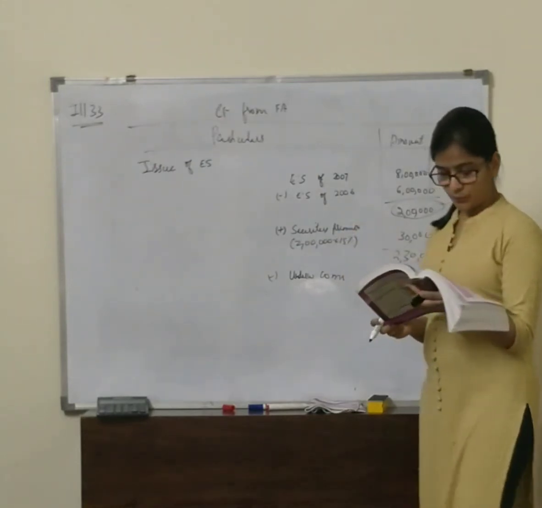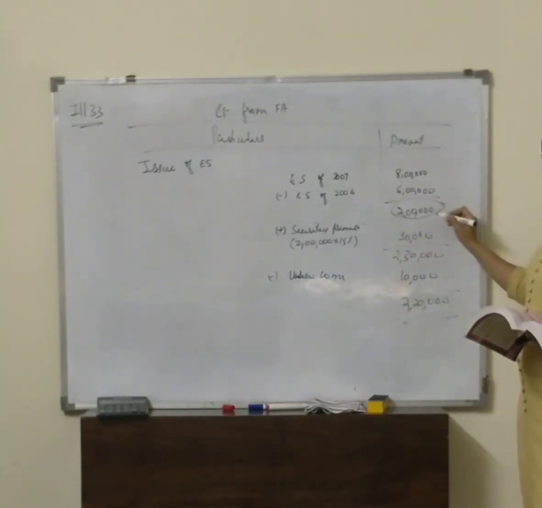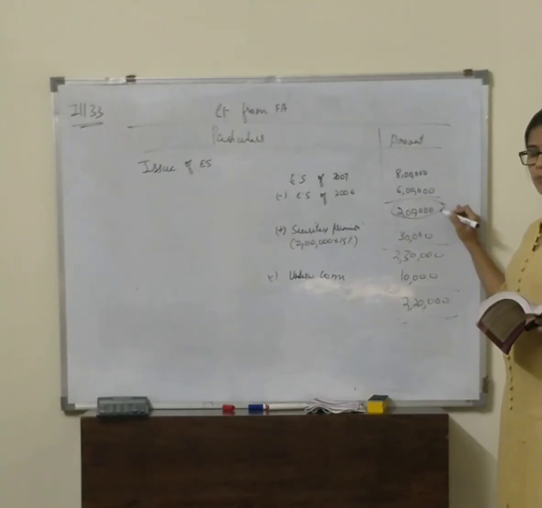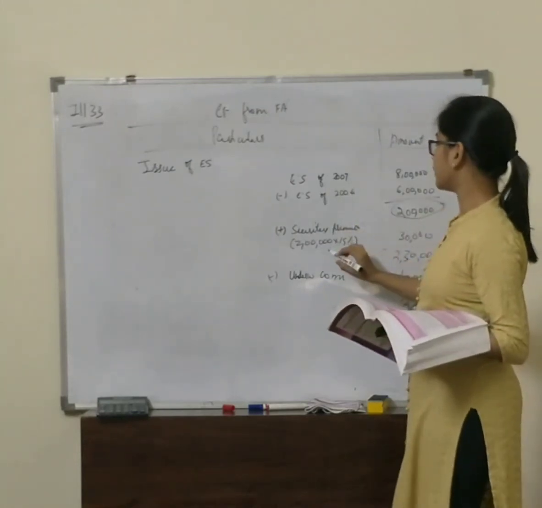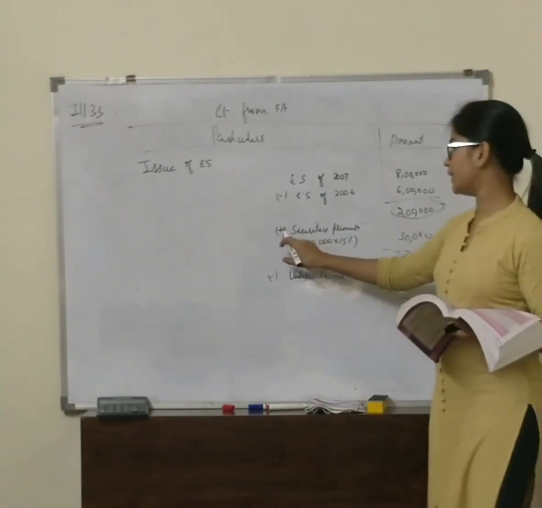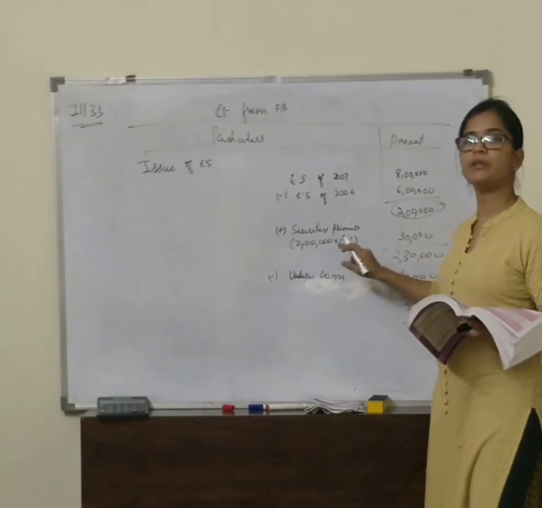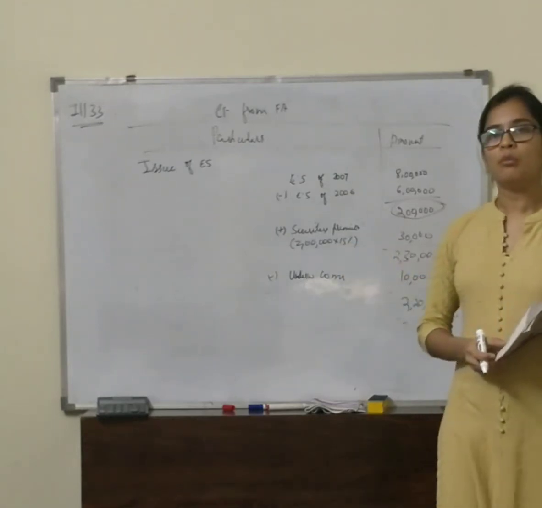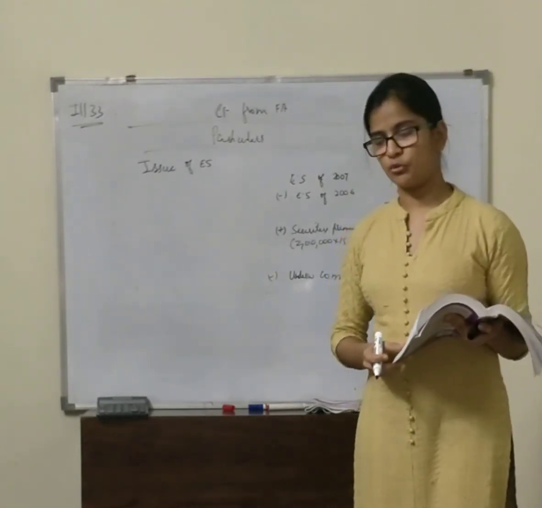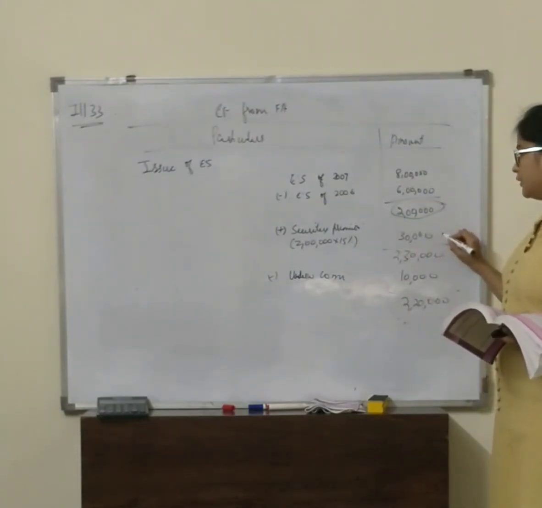Then point number 1: equity shares were issued at a premium of 15%. There is a fresh issue of 2 lakh equity shares, and on those 2 lakh equity shares we have a securities premium of 15%. So we add 2 lakh into 15%. Premium means they are paying us more than what has been issued. 2 lakh into 15% gives 30,000.